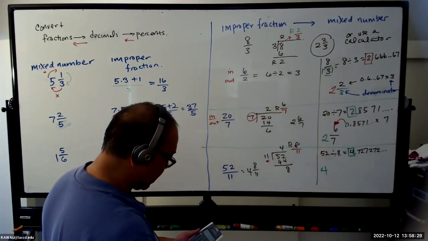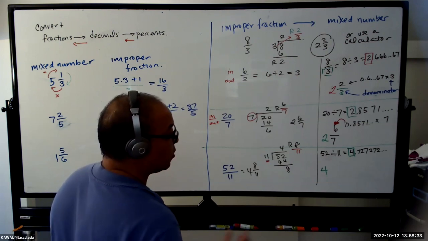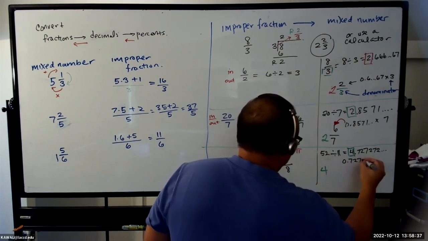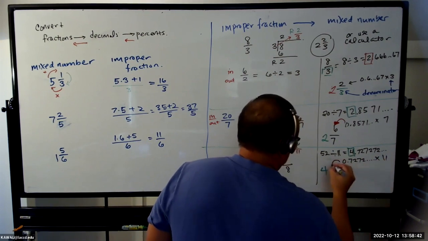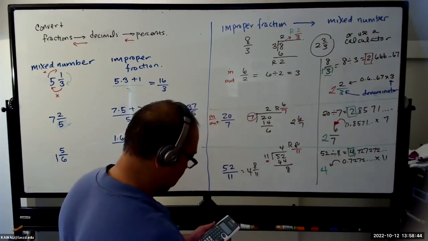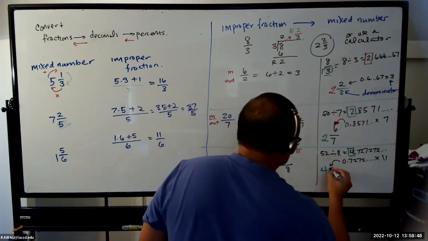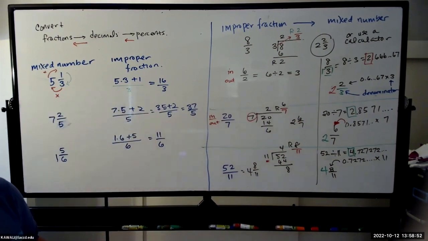Let's subtract that 4, and then multiply this part, 0.7272 times 11, and that's going to give me 8. So you can see that both ways give me the same answer.